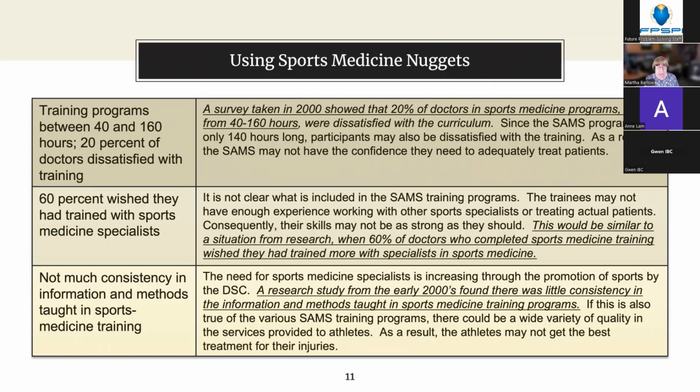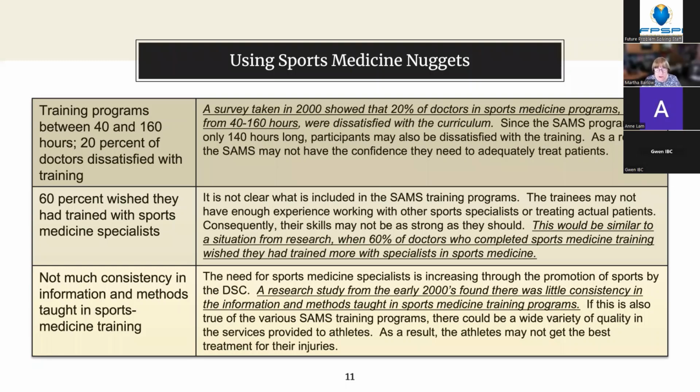And there's a couple more examples here of how you might take that little nugget of information. This shows where they could go in different places. Let's look at the second one. It's not clear what is included in the SAMS training programs. That's information from the future scene. The trainees may not have enough experience working with other sports specialists or treating actual patients, and consequently, their skills may not be as strong as they should be.